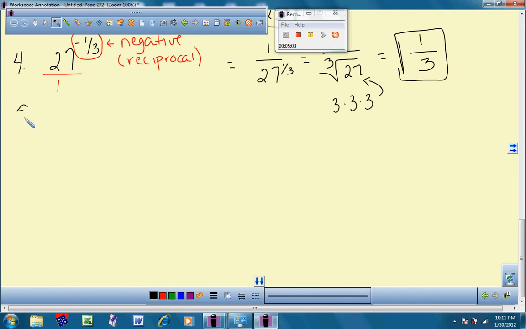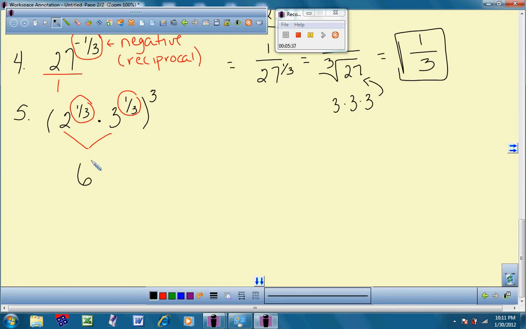Example 5. Let's go ahead and multiply 2 with an exponent of 1/3 times 3 with the exponent of 1/3. Alright, and we're going to go ahead and cube it. We notice that our exponents in this case are the same, so we can go ahead and perform the operation of multiplication with our bases. 2 times 3 is 6.